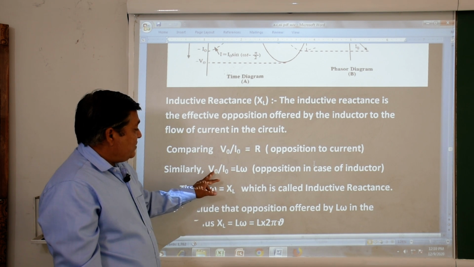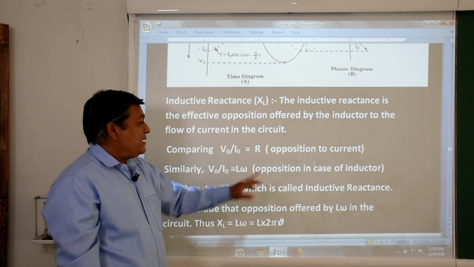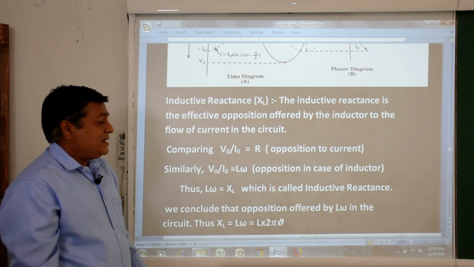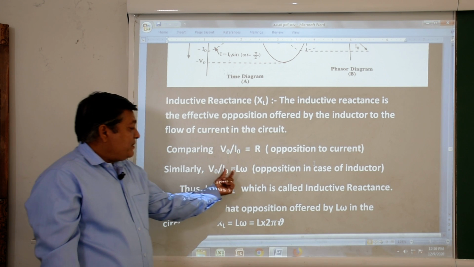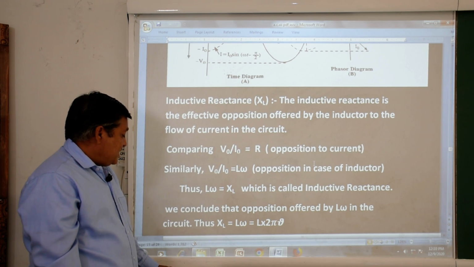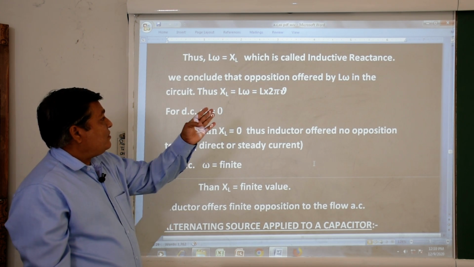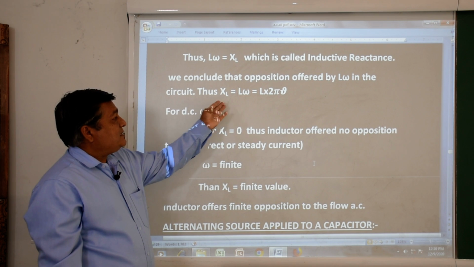Similarly, if we compare V naught upon I naught from the above equation, we get L omega, and L omega is said to be the opposition in case of an inductor. L omega is also equal to XL, where XL is called the inductive reactance. We include the opposition offered by L omega in the circuit, thus XL is equal to L omega.